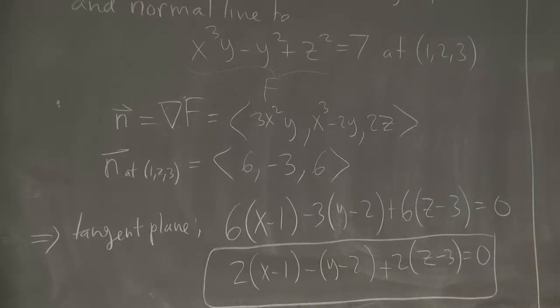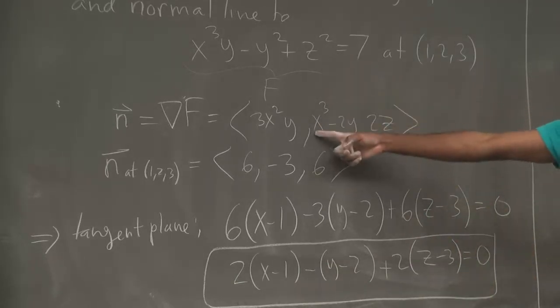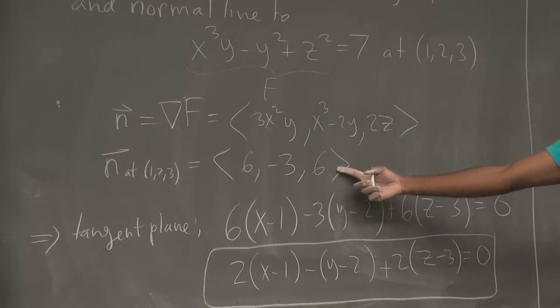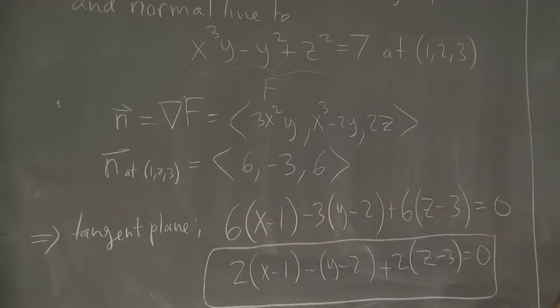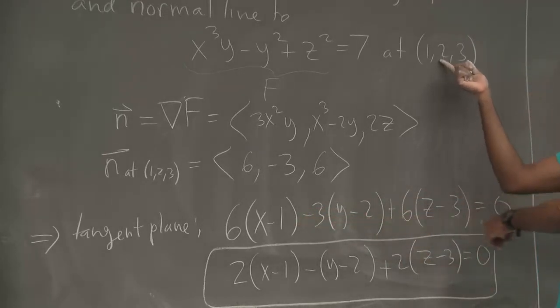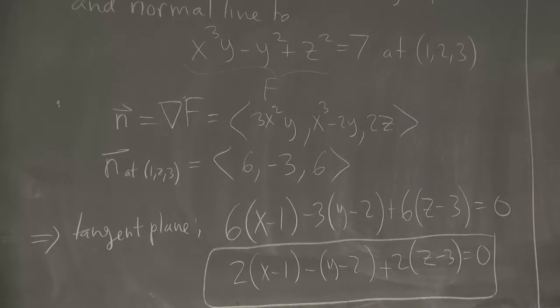The gradient vector evaluated at the point, that's your normal vector, right? Which means that's the coefficient of x, y, and z. And then you take x minus x naught, y minus y naught, z minus z naught. And that's it, that's your tangent plane.